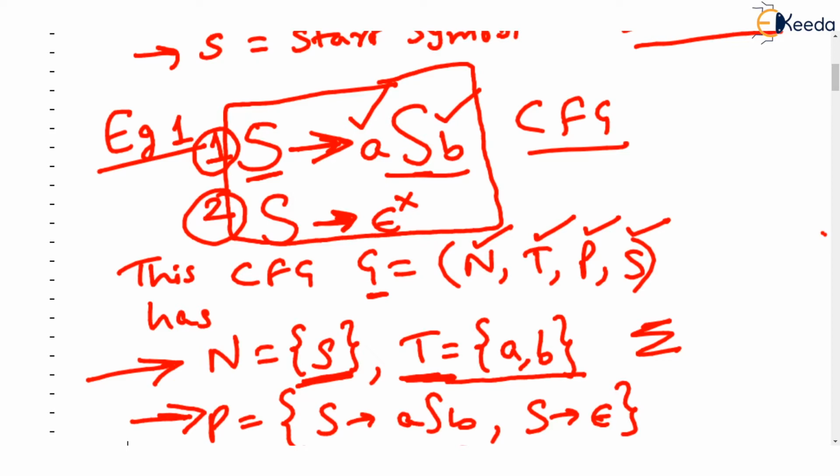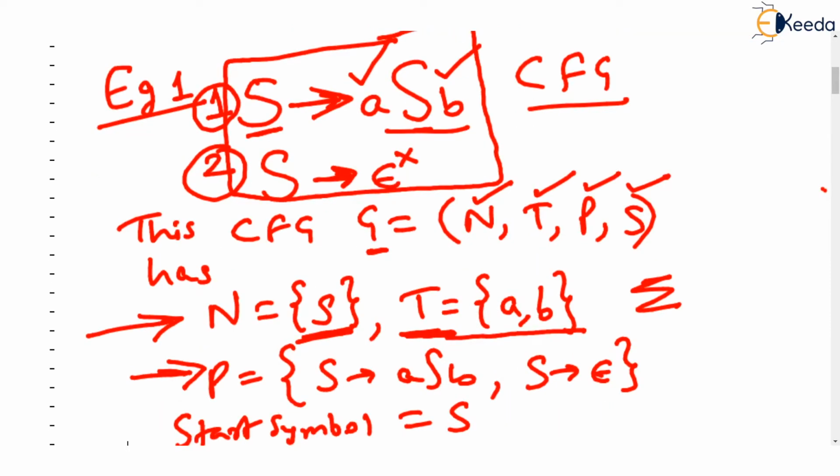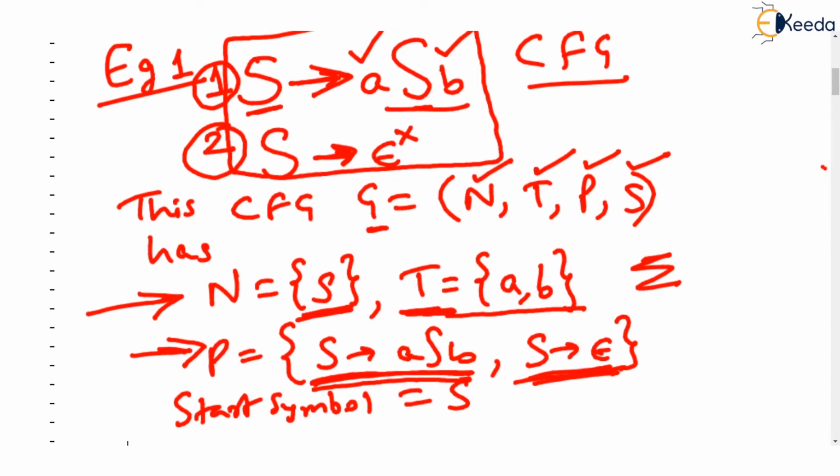You can say there are two rules in this grammar, or two productions. Then P can be written as the set of productions, where the first production is S arrow aSB, and the second production is S arrow epsilon. This is a set of productions. And finally, the start symbol of this grammar is capital S.